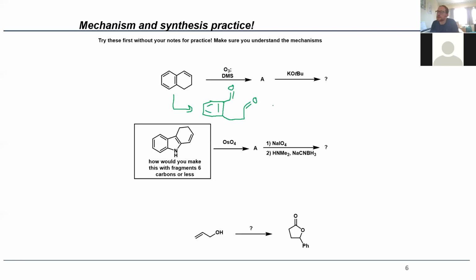And so this should be the structure of A, and then treatment of this compound under potassium tert-butoxide conditions should form the corresponding enolate from our aldehyde.